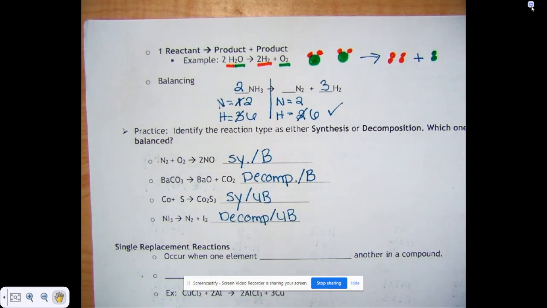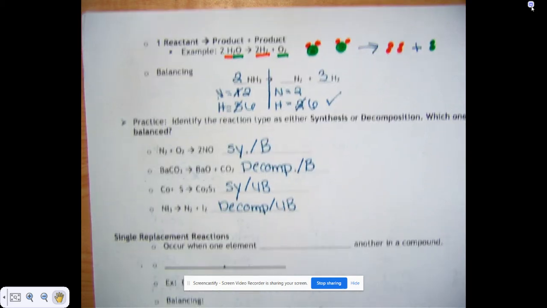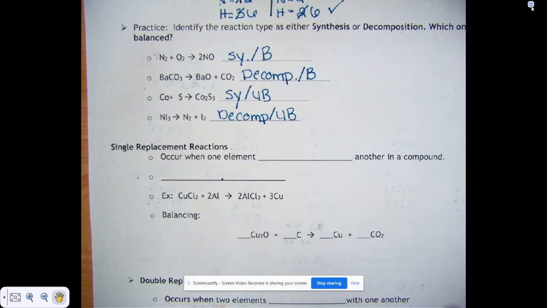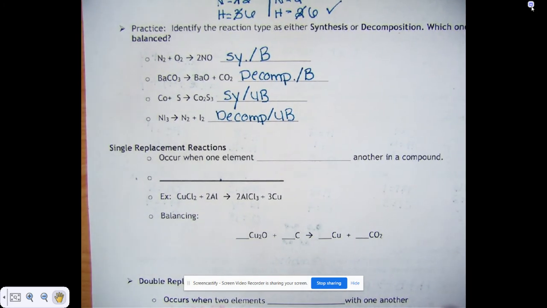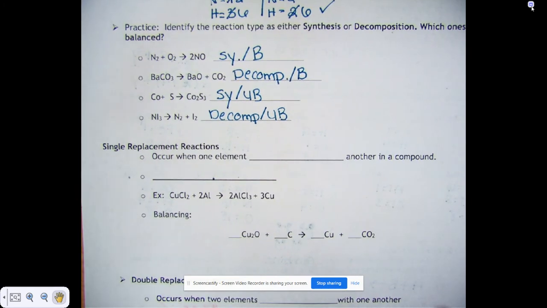Okay, and so right now we've talked about synthesis and decomposition. Taking 2 things and making them 1 is synthesis. Taking 1 thing and breaking it down to smaller pieces is decomposition. All right, let's go to our next part. So we're almost done. We have 2 more types to go. Single replacement is exactly what it sounds like.